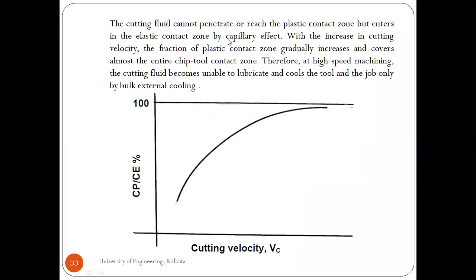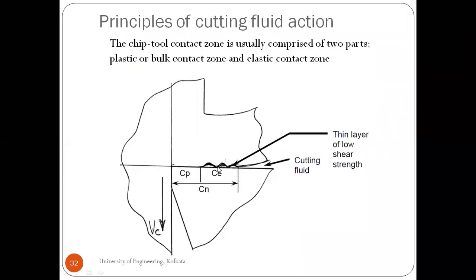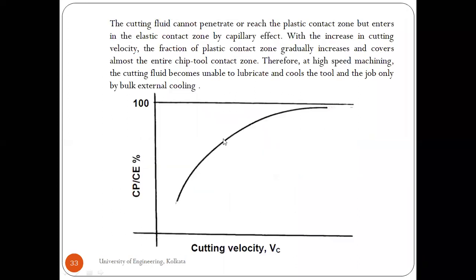So the cutting fluid cannot penetrate or reach the plastic contact zone here. As you can see, it remains in the elastic contact zone. It cannot penetrate into the plastic contact zone because this plastic contact zone of the chip is in contact with the rake surface of the tool. Okay, but there is a capillary action due to which it reaches the elastic contact zone.